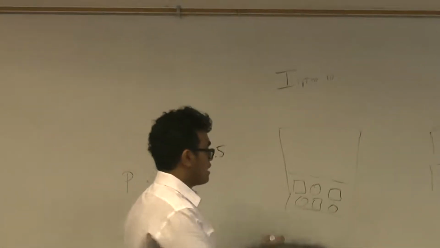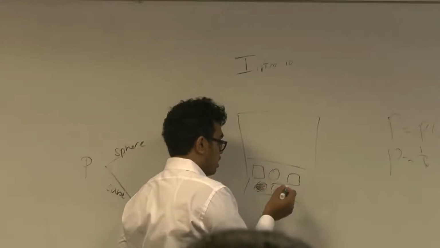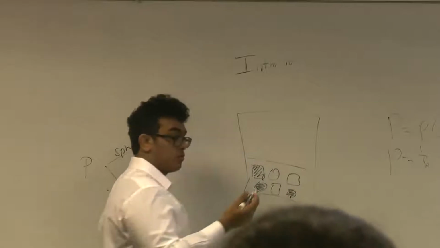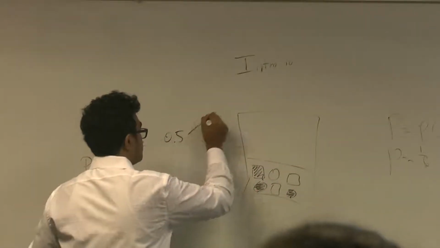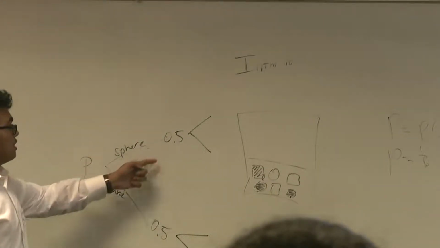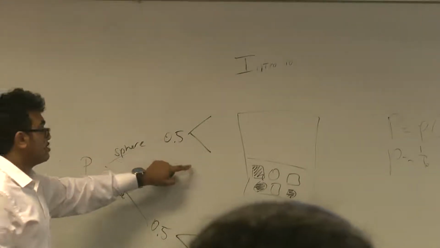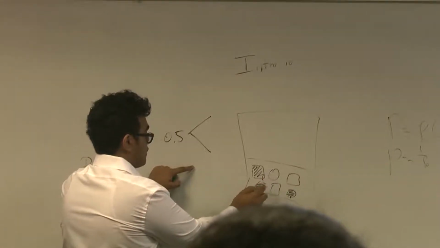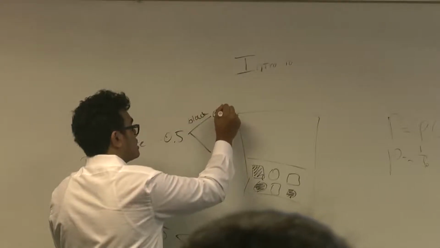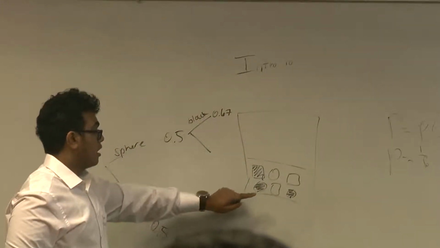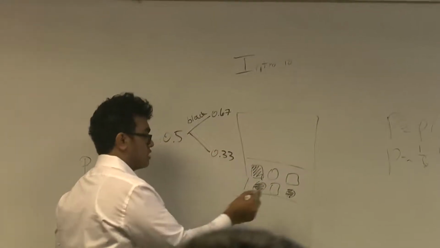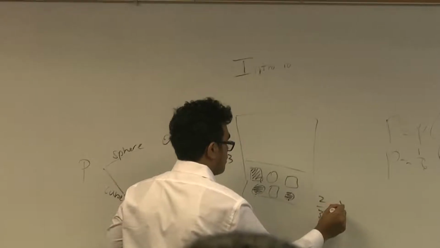But if I was to say that 2 of these spheres were black, and 1 of the cubes were black, and the others were white, I could then go on to an even more elaborate plan where this 0.5 is distributed into the spheres, where black has a probability of happening 0.67 times, and a non-black has a probability of happening 0.33 times, because it's 2 over 3 and 1 over 3.